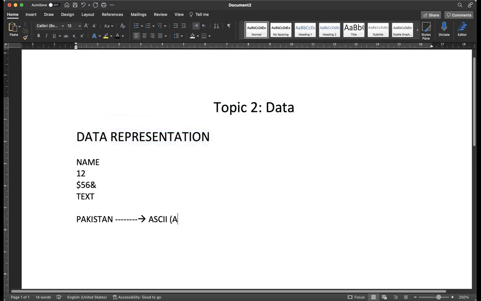ASCII means American Standard Code for Information Interchange, right? This is the full form of ASCII. So the computer converts the word Pakistan into ASCII.